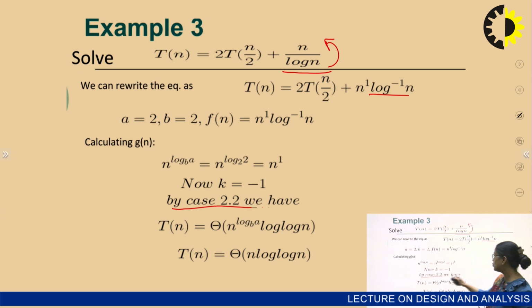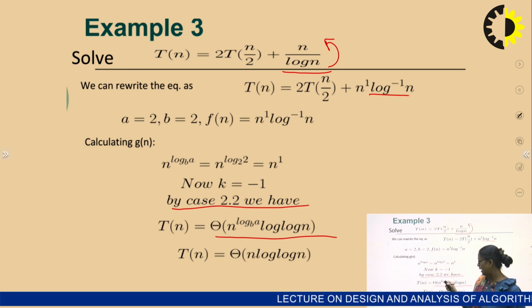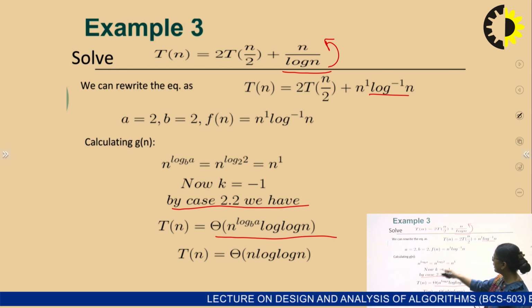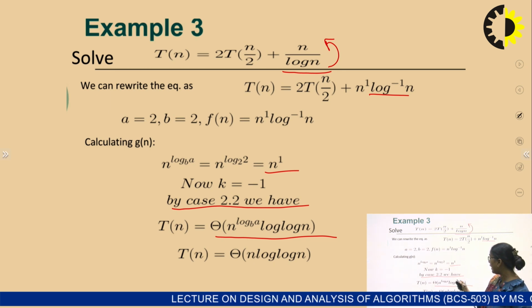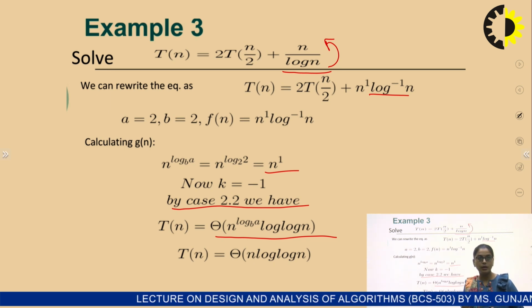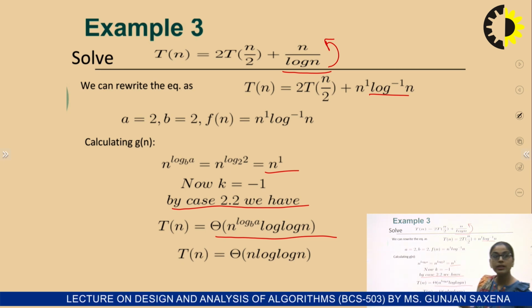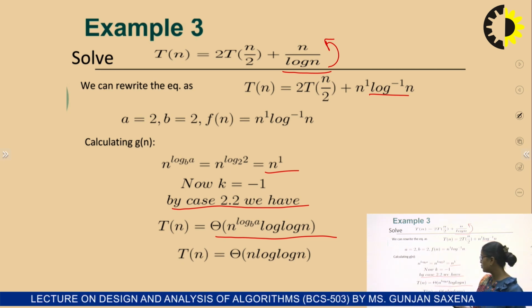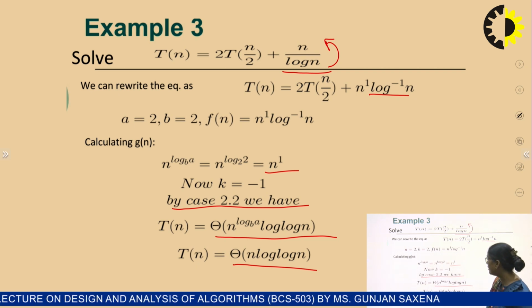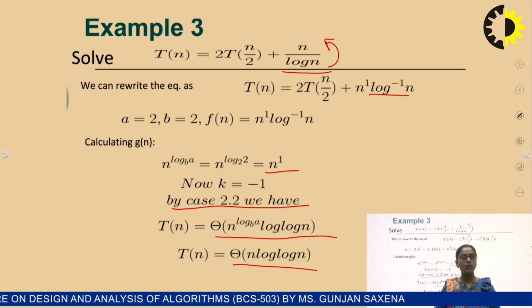So by case 2.1, we know the solution: n to the power log base b of a, the value of which is already calculated as n, and then log log n. One thing to remember over here, this is not log square, actually it is log of log n. So the answer is n log log n.